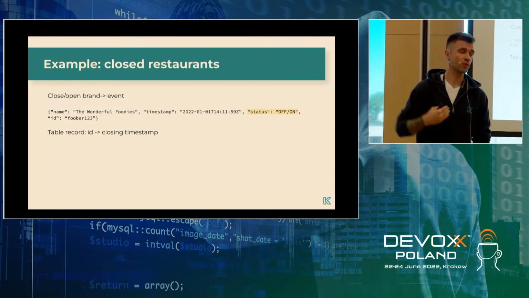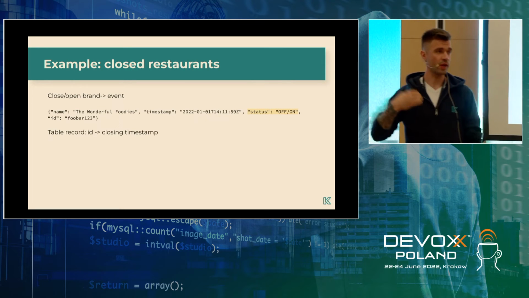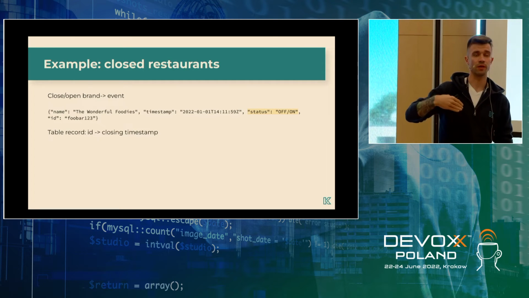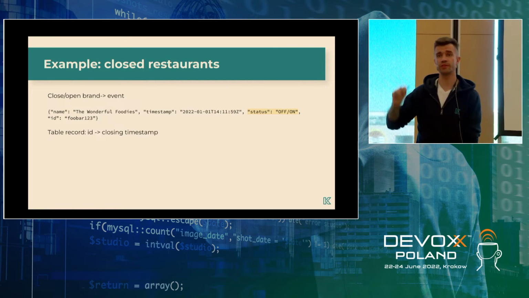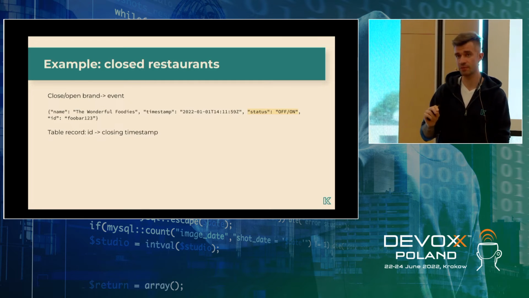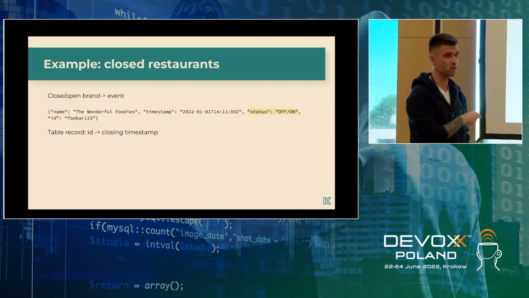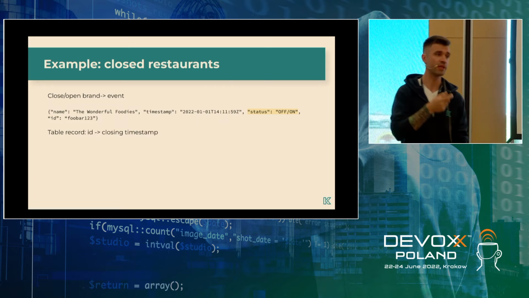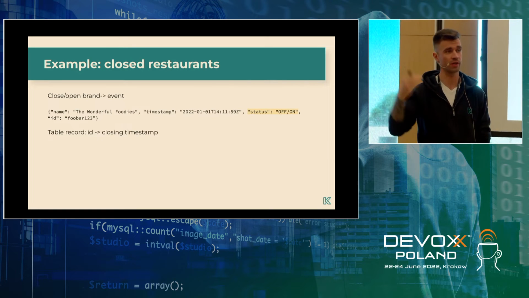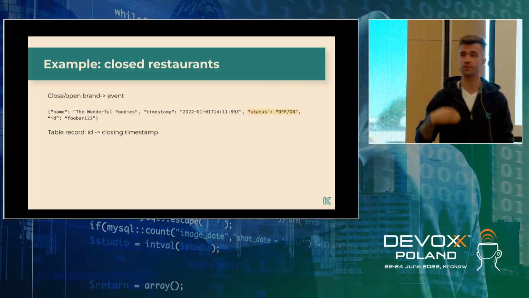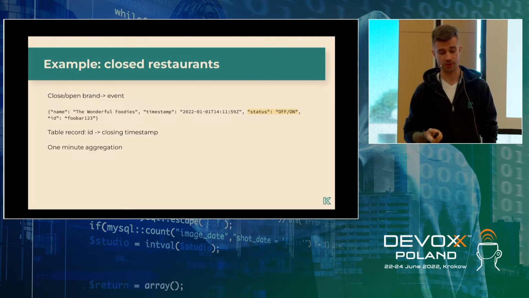When we are processing the stream, every time we get a closing message, we put the status of this restaurant with its timestamp into the state store that you have seen previously. So we are keeping track in our processor of when the restaurant has been closed.